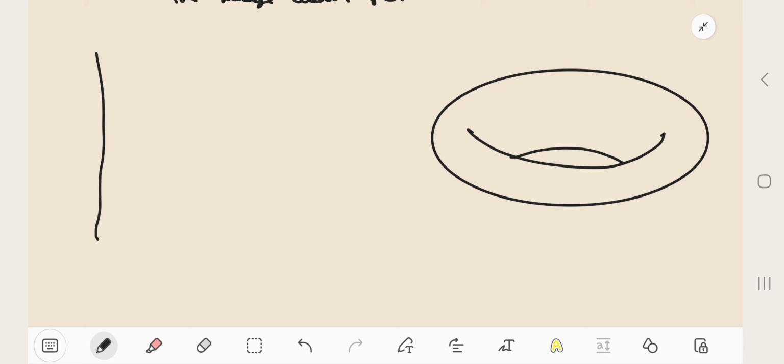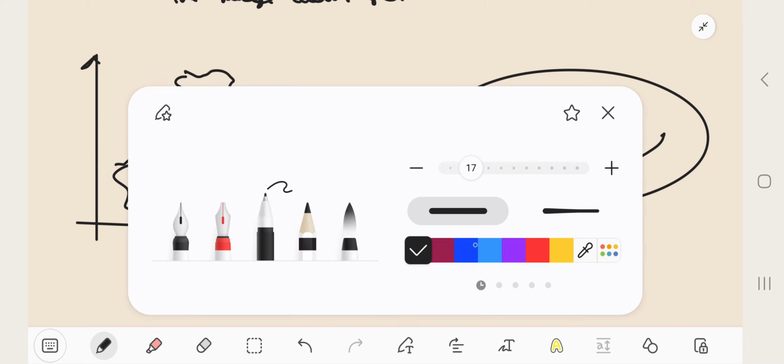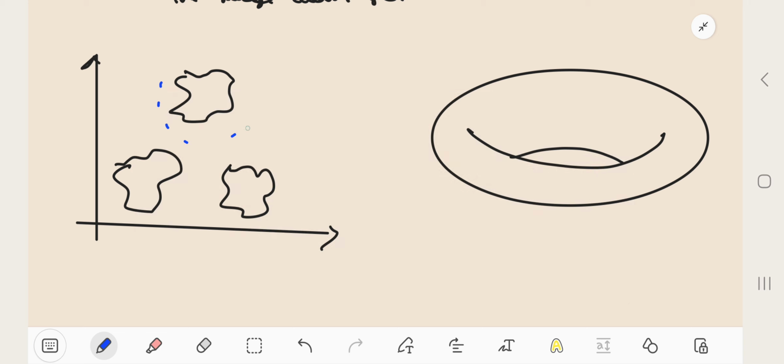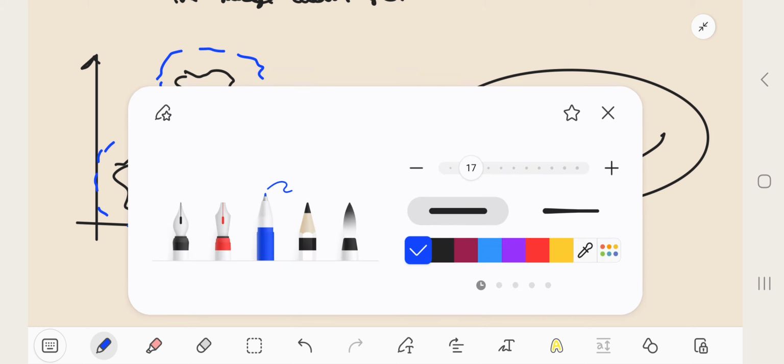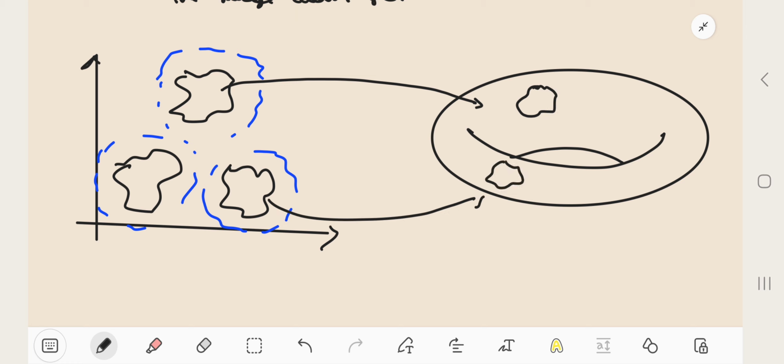So suppose I choose R2, and suppose I choose multiple regions over here. All of these regions are bounded inside some balls. And I have that a map from Rn to Tn is injective. If I map this, it will get mapped to some area like this. If I map this, I'll get some other area.